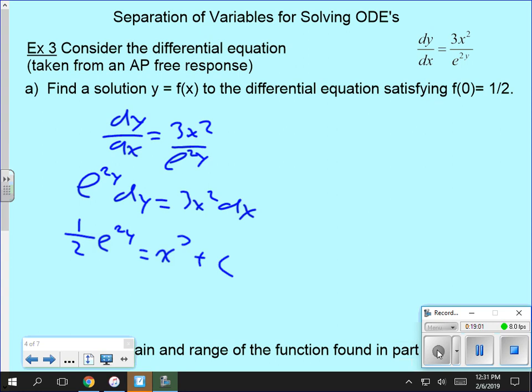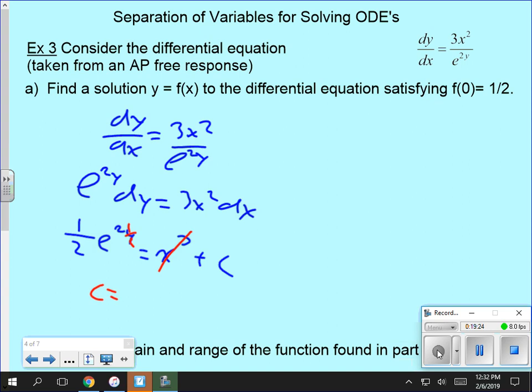So I plug in 0 for x and 1/2 for y. I put in 0 for x, this goes away, and I get just c. So what does the other side equal? C equals whatever's on the other side, right? I put in 1/2 here, I get e to the first, which is e.